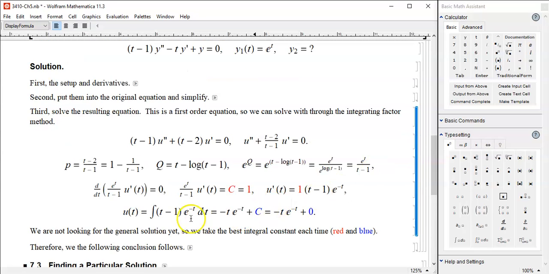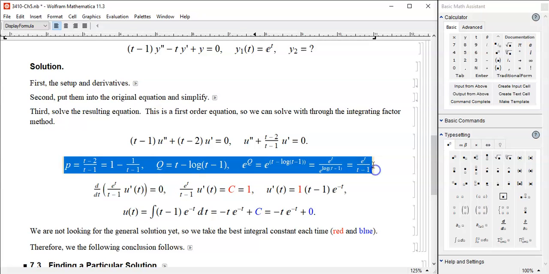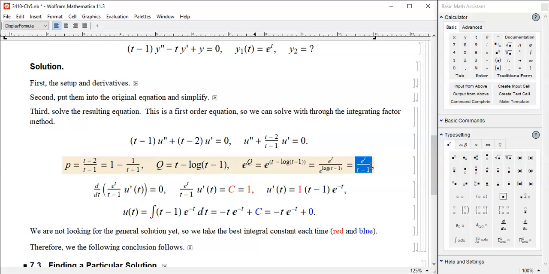But if I gave an overview, it's kind of like this. And find out the integrating factor. Start from the standard form, and then p, and then its antiderivative q, and exponential q, and simplify that. That's your integrating factor.